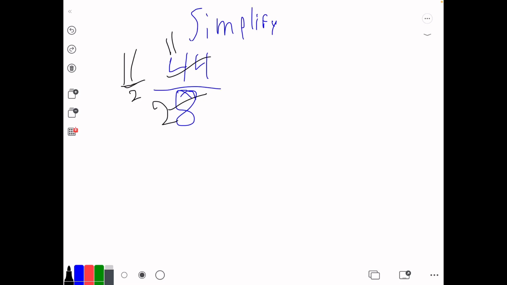Now there's two other ways, for 3 and 9. Let's say you had 27 over 6. You want to know if it's divisible by any number to simplify it.